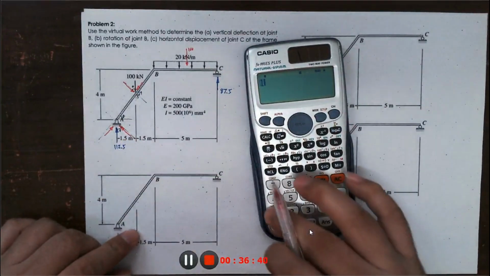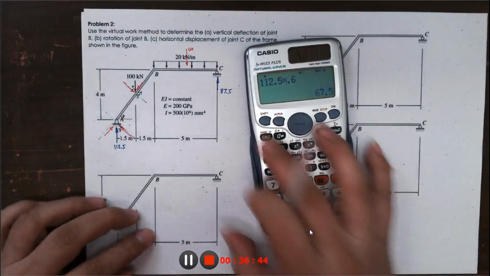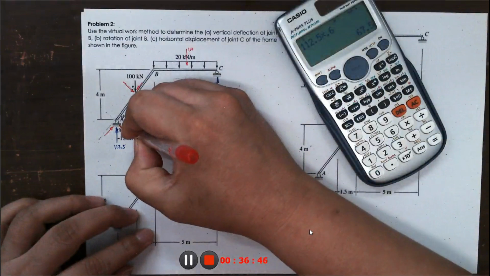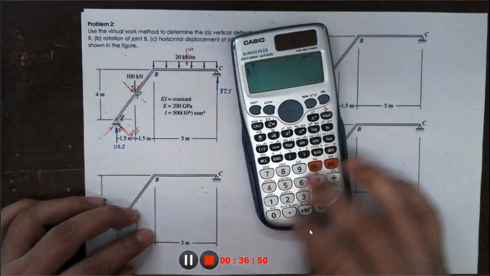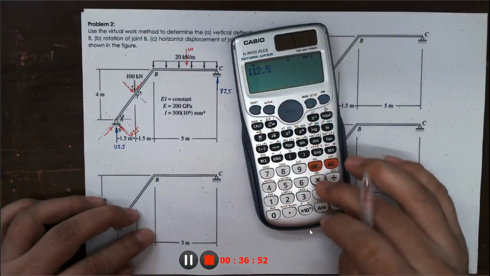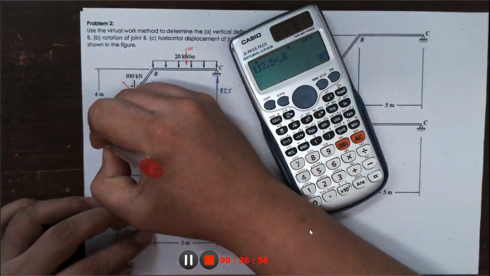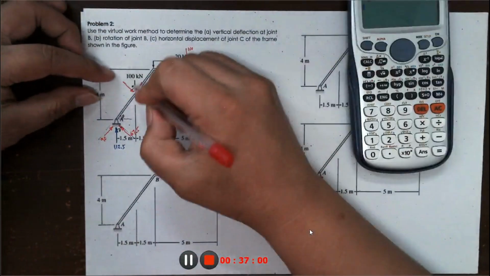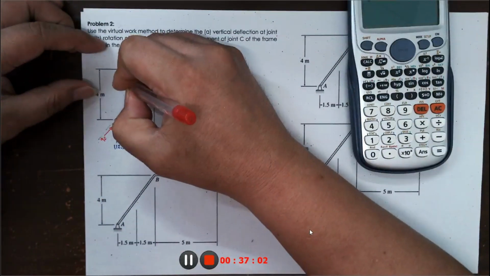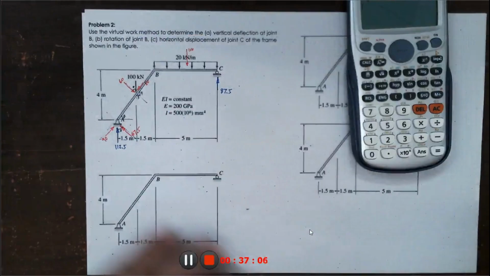So that would be 112.5 times 0.6, 67.5. While the other one, 112.5 times 0.8, is 90. So 100 times 0.6 is 60, and this one is 80. Okay.